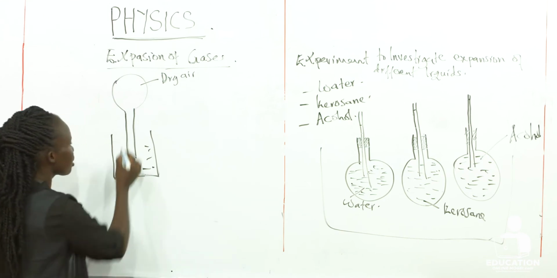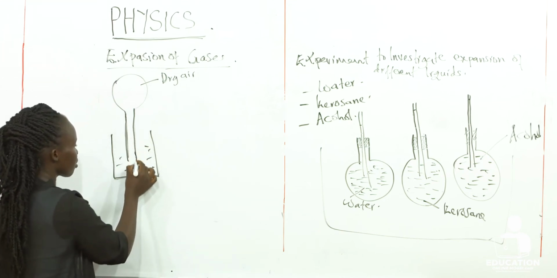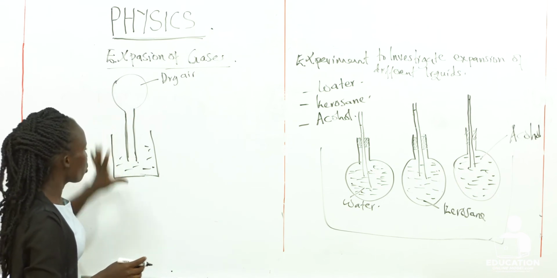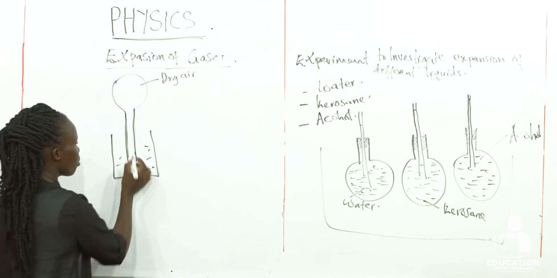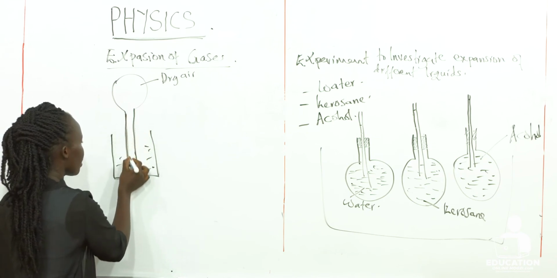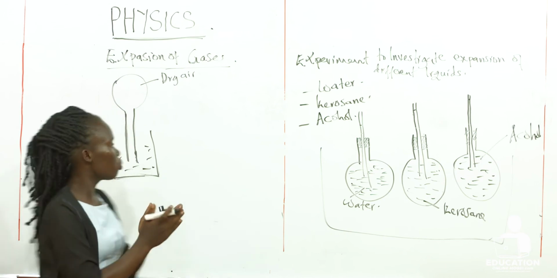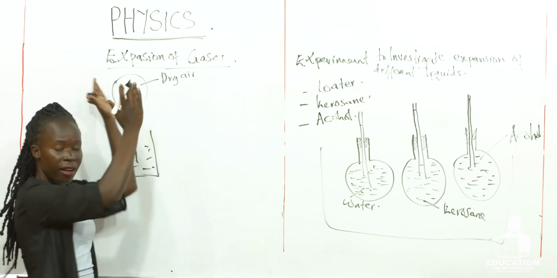So when you first put your hands like that, what happens? You will see that there will be nothing happening here. But then rub your hands and then try to put them around the flask.